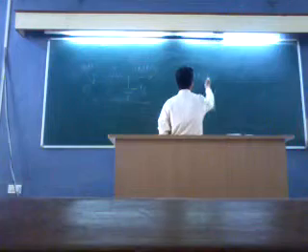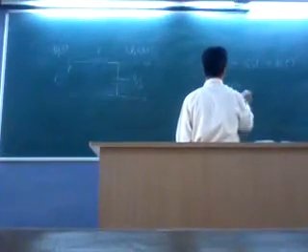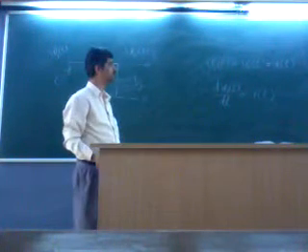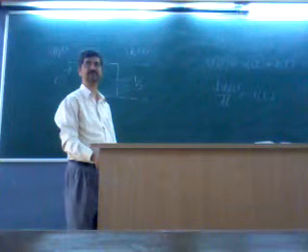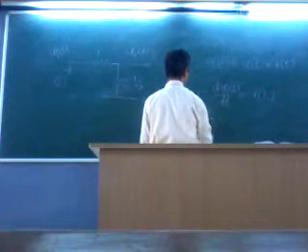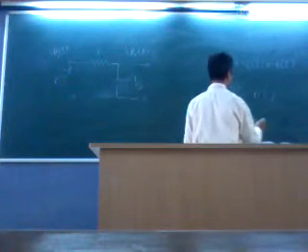V in T minus VOT is I, and dVOT by dt is also equal to I. So what we get? dVOT upon dt plus VOT is equal to V in T, which is now e raised to minus t.